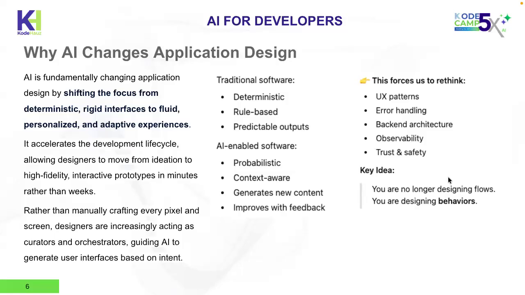Backend architecture, which we talked about last week. Observability, which we also talked about last week. And then this last thing, trust and safety, is very, very important. And I think this is one of the key things that we will have to really think about and talk about when we're talking about AI design and development. Trust.